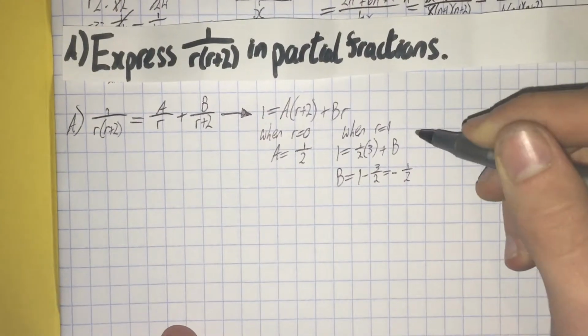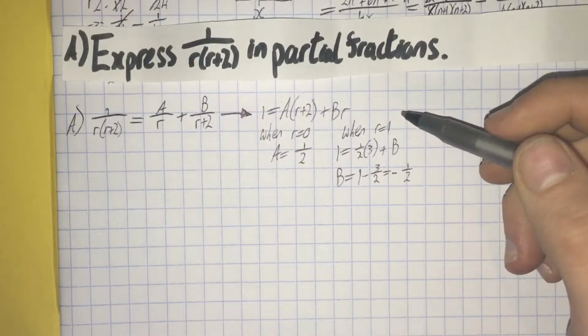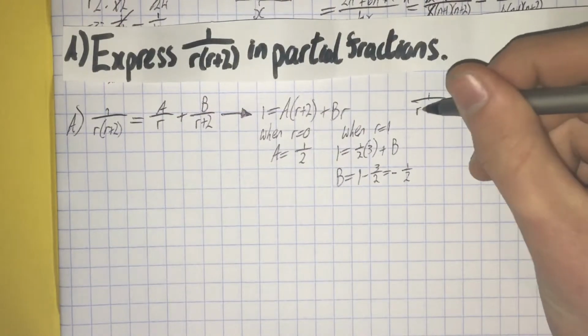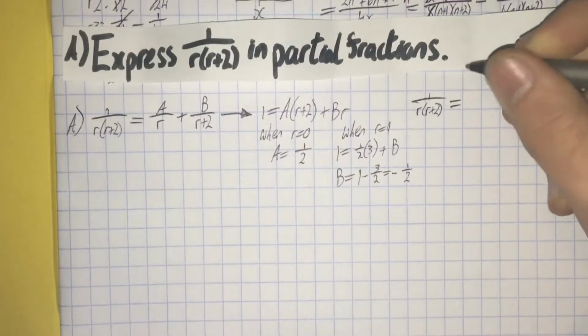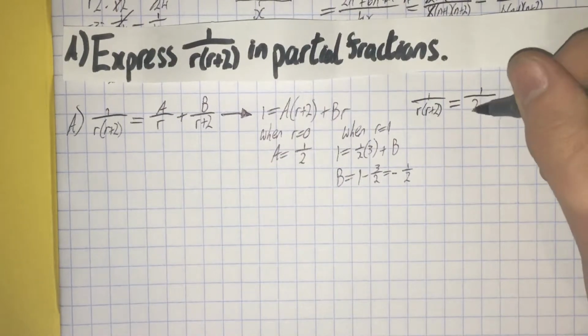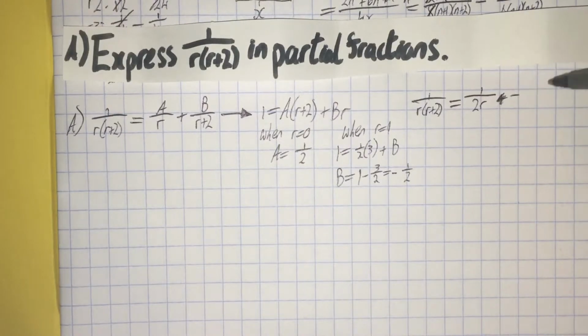So when representing 1 over r times r plus 2 as partial fractions, we shall get a, which is a half, so 1 over 2r minus 1 over 2 times r plus 2.